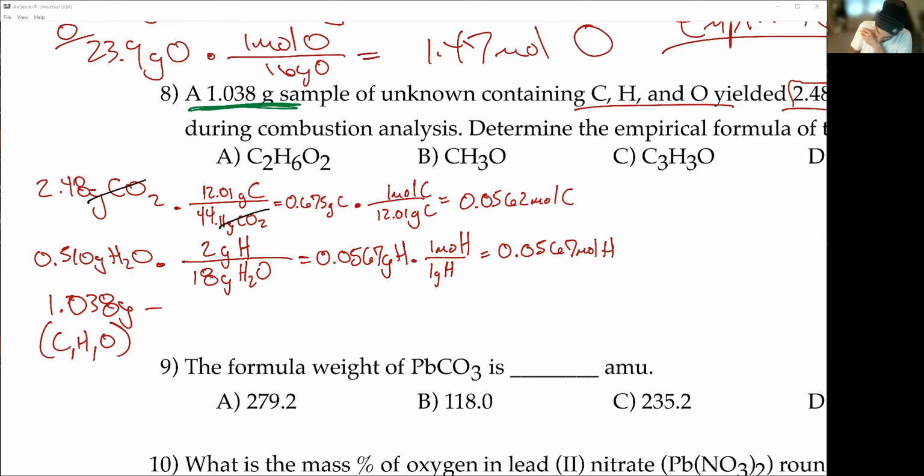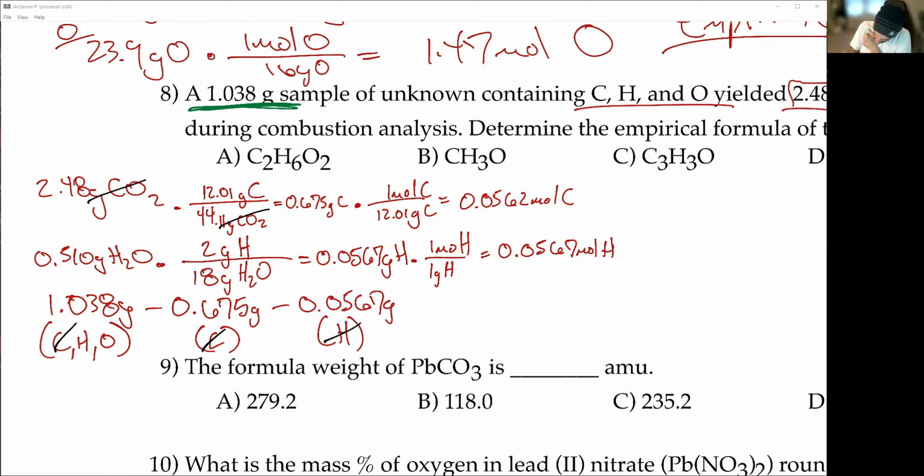So if I subtract the mass of my carbon, 0.675 grams of carbon, that eliminates the carbon from the initial mass. Now I eliminate any hydrogen that I have present, 0.0567 grams of hydrogen.